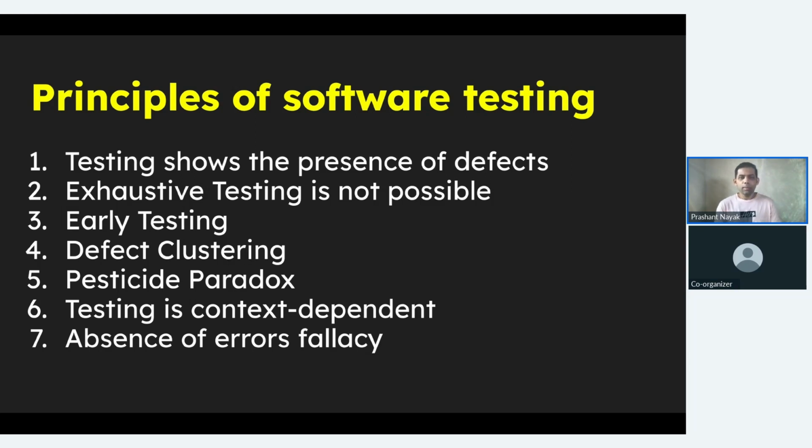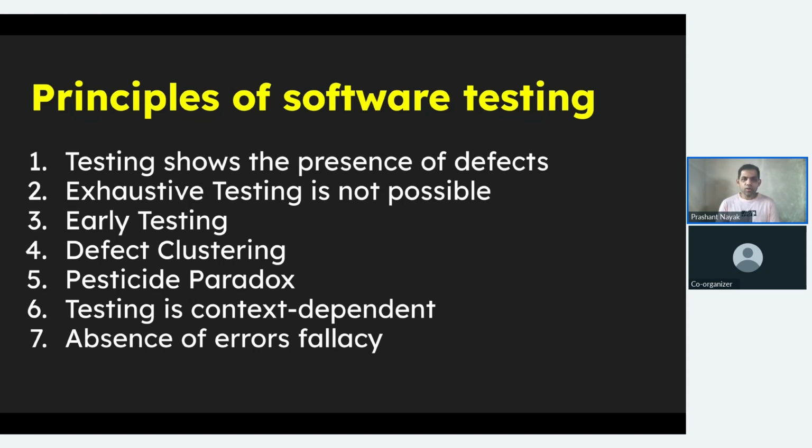But you cannot say that a software is 100% free of defects, because that is never possible. There has to be a defect somewhere, unknown to the end user. It's not a rule, but that's how it works. So not all software is 100% defect free.